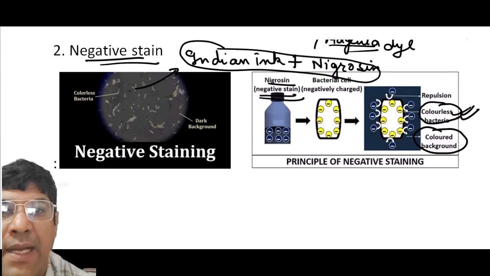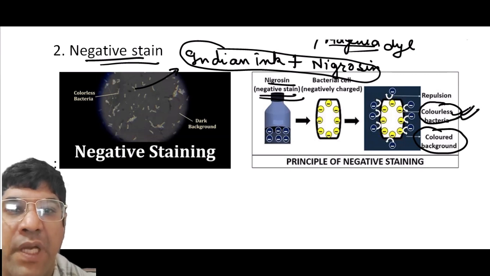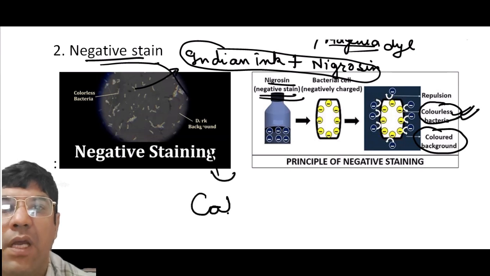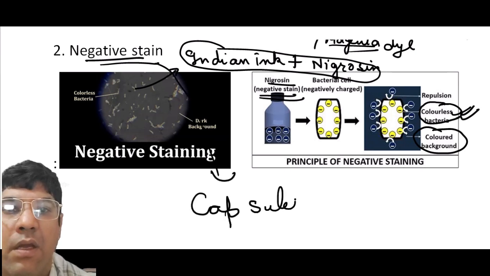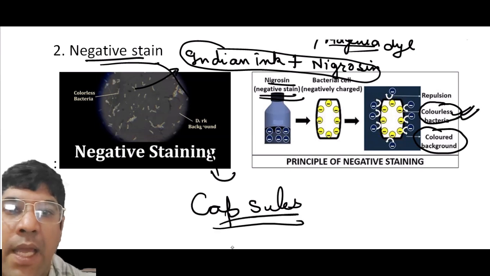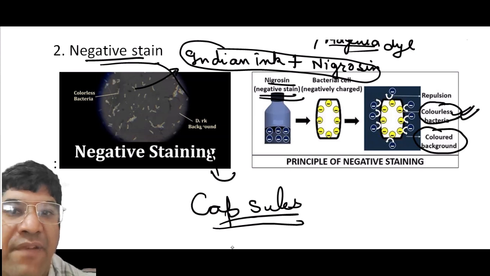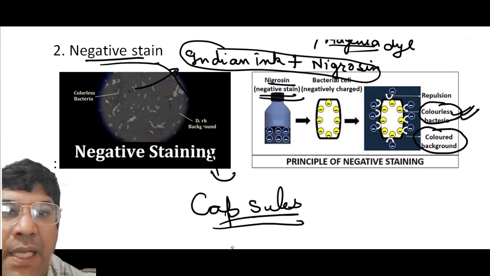Negative staining is used for visualizing the bacterial capsule. Again, for the entrance exam, you have to remember this much. It is also used for very slender bacteria like spirochetes that may not take the simple stains.